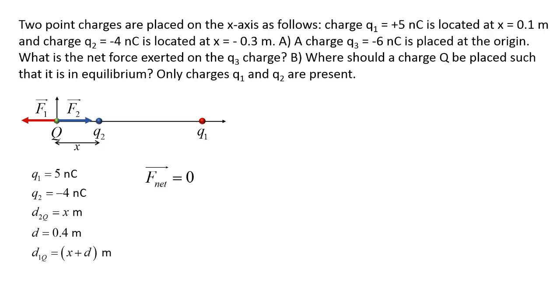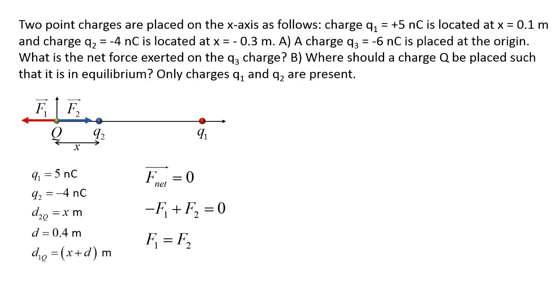In this case, the positive direction is to the right, and that means that when you write the net force, you have to take into consideration that force 1 is oriented in the negative direction. So the sum of the forces will be minus F1 plus F2 equals 0, or F1 equals F2. Basically, the two forces have to cancel each other out.